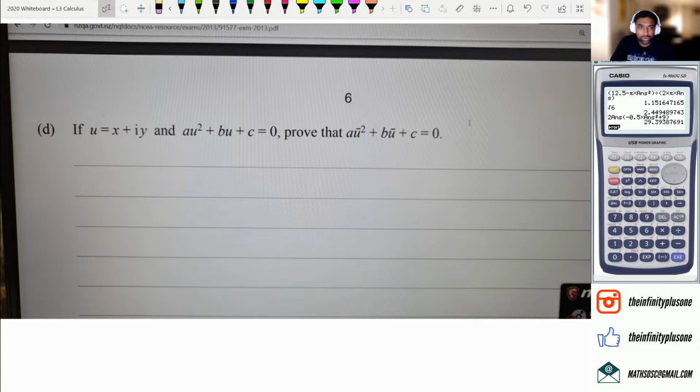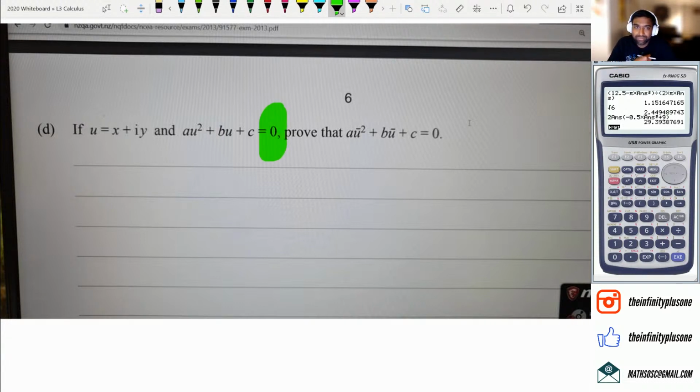So I guess the first thing we've got to try and do is, if you have no idea of how to start this type of question, just substitute u as x plus iy inside that first part of the question and just expand, and something will happen. That's the beauty of complex numbers, you're going to end up with something. And I'm telling you what that something is right now. And the clue is kind of here.